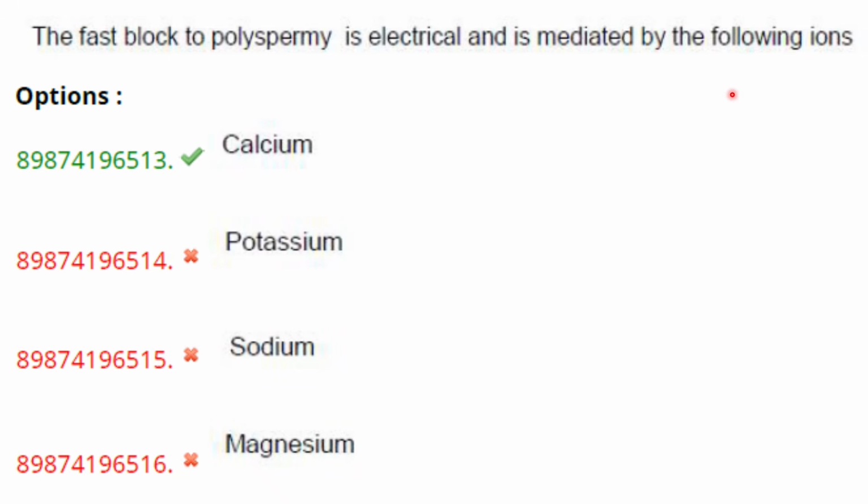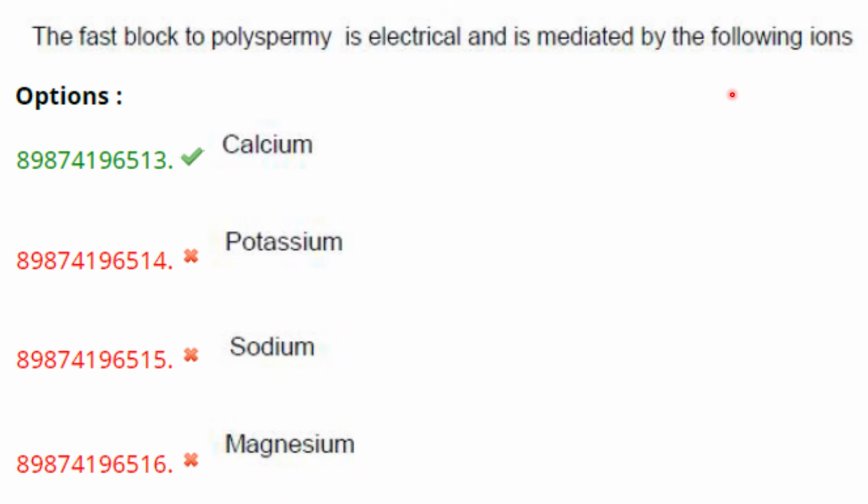So in order to block this polyspermy, especially in sea urchins and amphibians, they have 2 mechanisms. One is the fast block and the other is the slow block. Fast block occurs within 1 to 3 seconds. It is very rapid, and it is caused by the influx of sodium ions from the surrounding water. This influx will change the egg membrane potential from a negative to a positive value, and the positive charge of this membrane will start repelling the sperms.